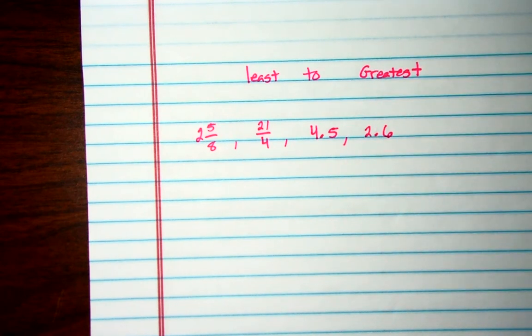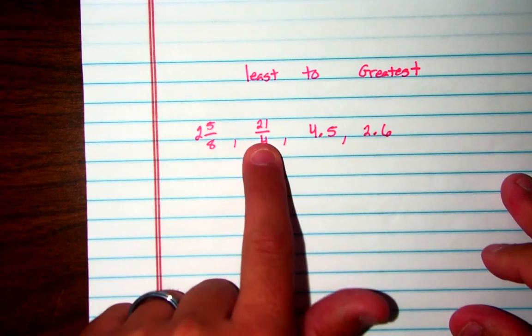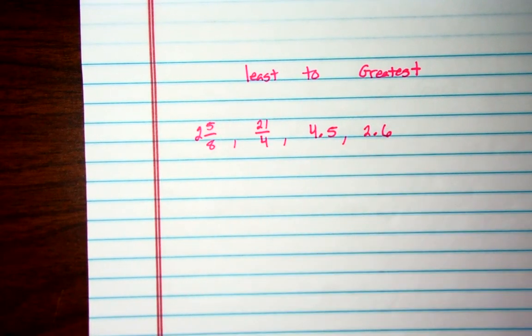Let's say I have these numbers. Now, if you notice, I have two fractions and two decimals. If I were you, I would convert everything to a decimal. I would convert these two fractions into decimals.